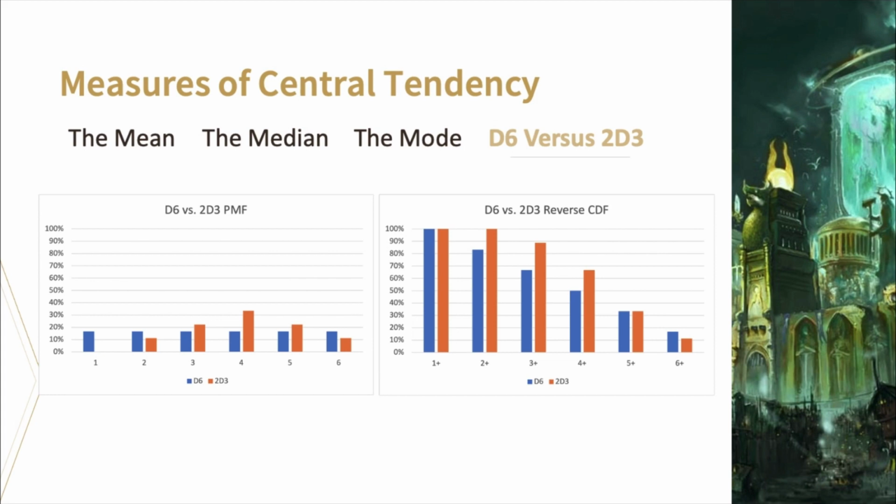But let's say you needed to do exactly 6 mortal wounds. Well, in that case, though the D6's 17% chance of performing that well is pretty low, so getting a 6, it's still higher than the 2D3's 11% chance. As such, it's computations like these that better let us evaluate strategic outcomes, not only for in-play decision making, but also for list building and army choices.